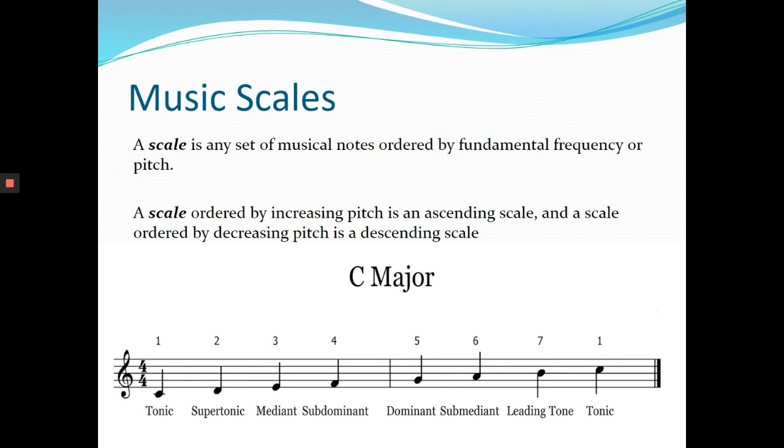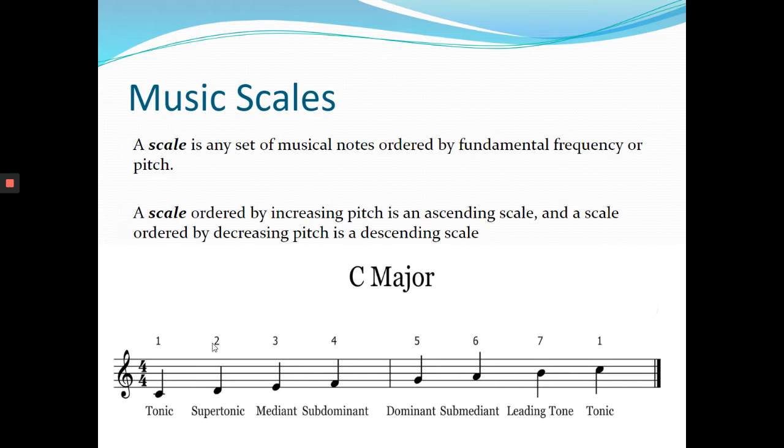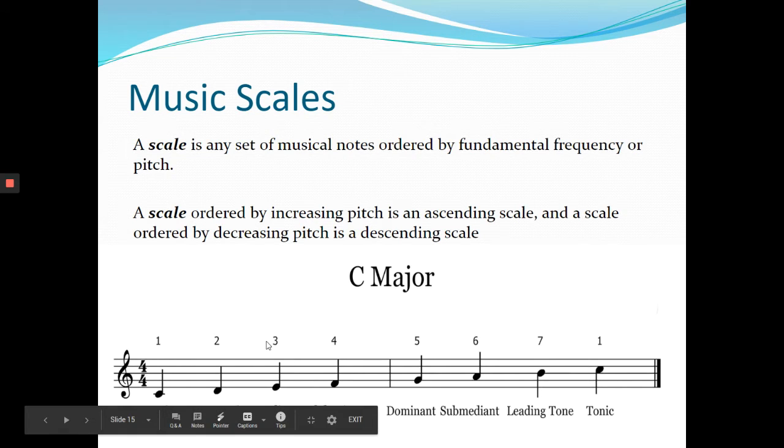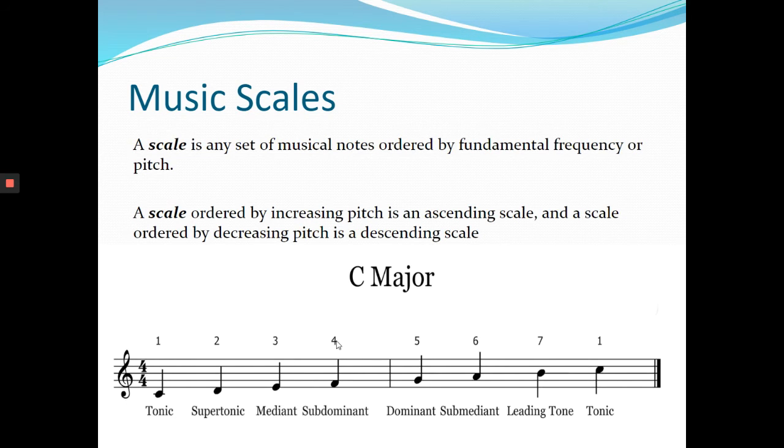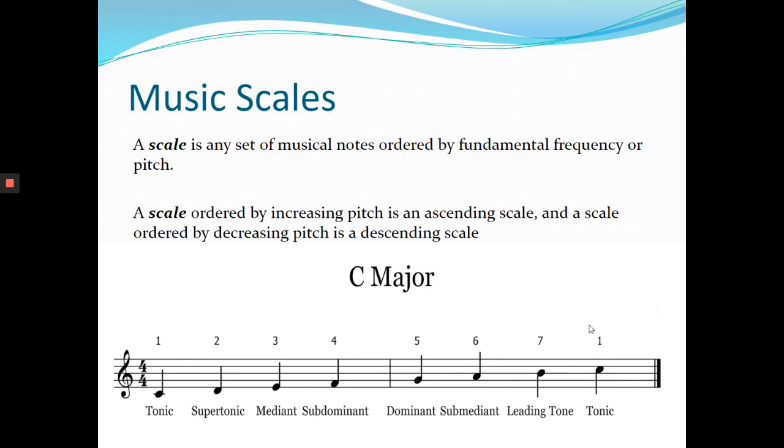We all know ascending means up, descending means down. Okay, now C major scale. Remember these terms: tonic, supertonic, mediant, subdominant, dominant, submediant, leading tone, and then back to tonic.